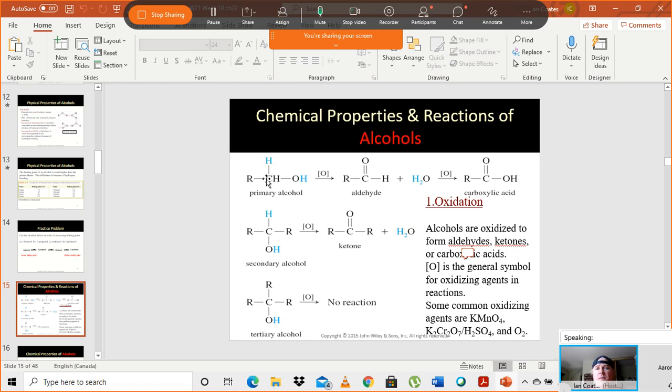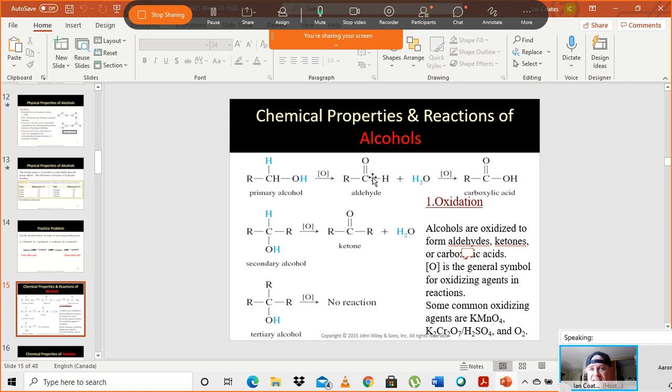So primaries, 2 steps. A secondary, only 1 step. And that's as far as it goes. So a secondary alcohol can be oxidized into a ketone, and then that's it. A primary will change into an aldehyde because a primary is on the end.